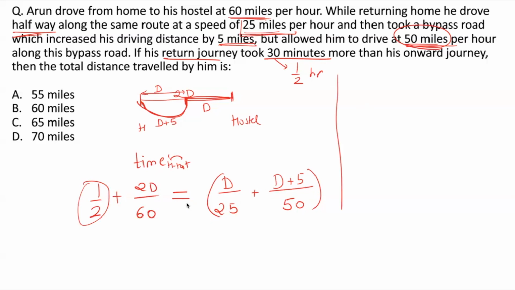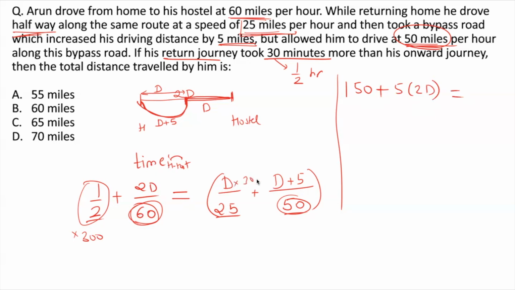So we are going to multiply throughout by the LCM, least common multiple, of 60, 25, 50, and 2. 25 and 50 are factor multiples, so the LCM of those is 50. For 50 and 60, it is, I think, 300. So multiply throughout by 300. Half into 300 becomes 150, plus 2d upon 60 becomes 10d, since 60 cancels and 5 into 2d is 10d. This is equal to d by 25 times 300.